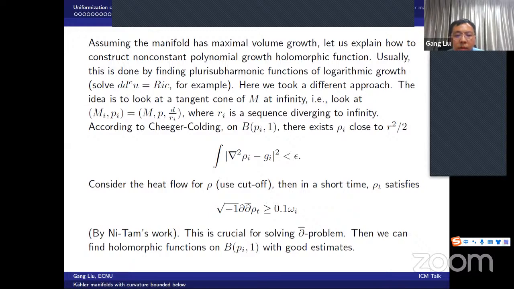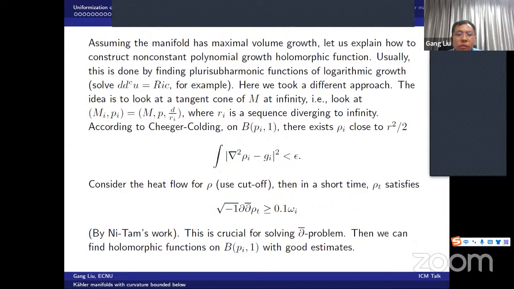Then we can find a holomorphic function on B(p_i, 1) with some good estimates. Notice that this corresponds to a holomorphic function on B(p, R_i), where R_i is large. Now the point is to take the limit, because we want to get a global function.